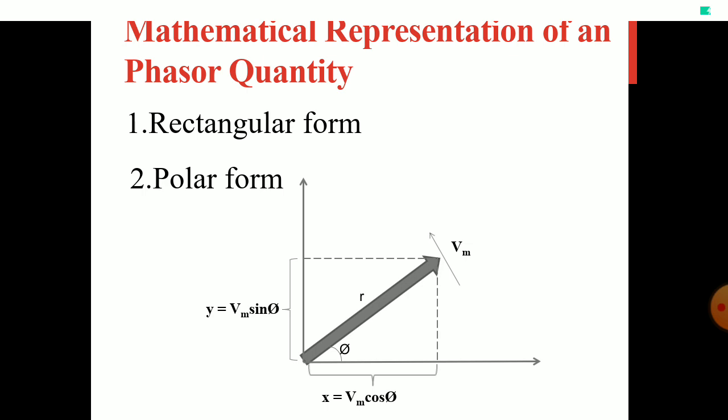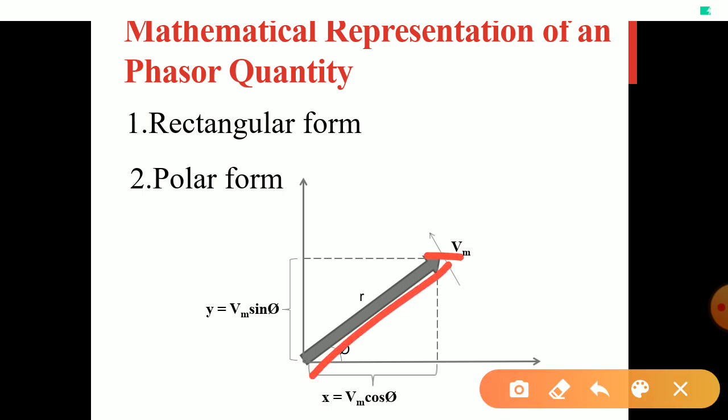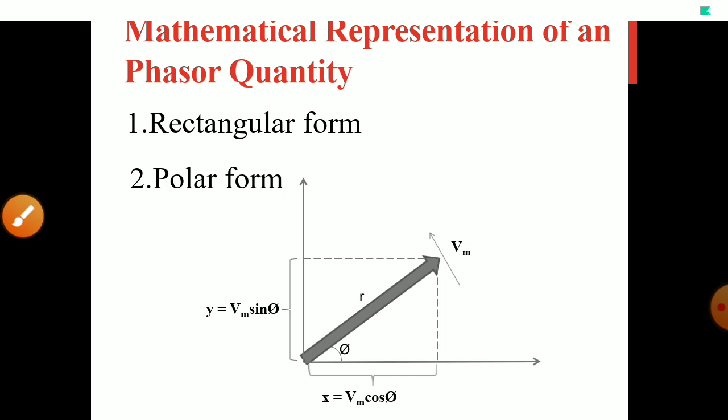Whereas the same Vm part, from the dotted part we are seeing on the x-axis as x and the dotted part on the y-axis as y. So these two formats are r angle phi and x plus jy.